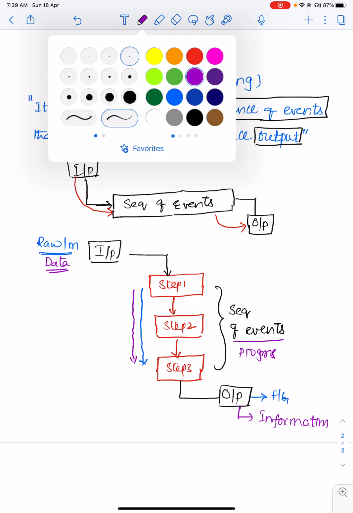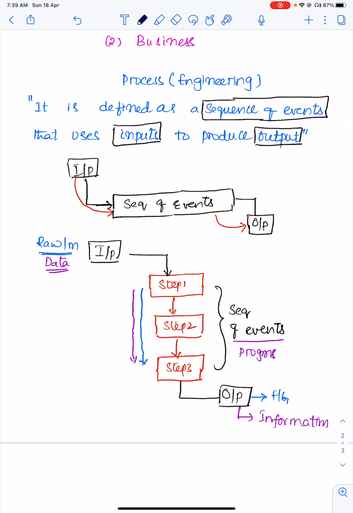Next example, instead of data, if I give a file as an input, it follows this sequence of steps and it produces a report.